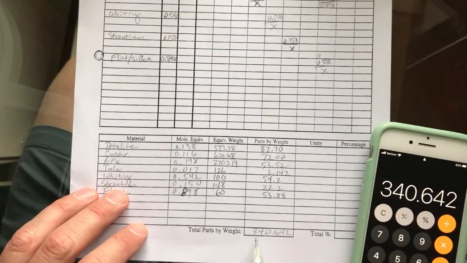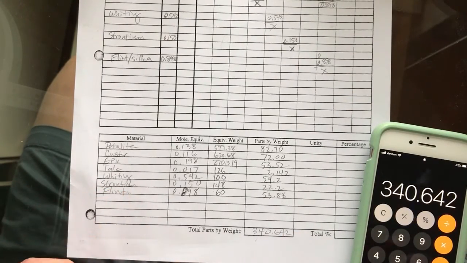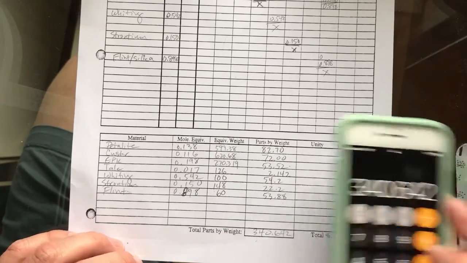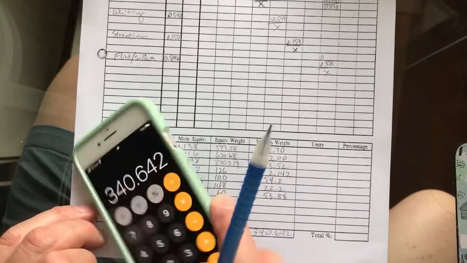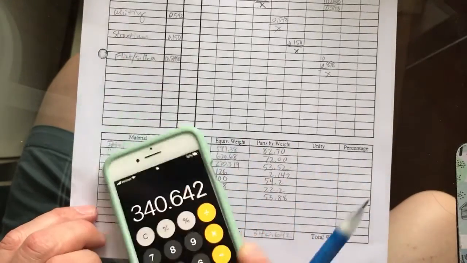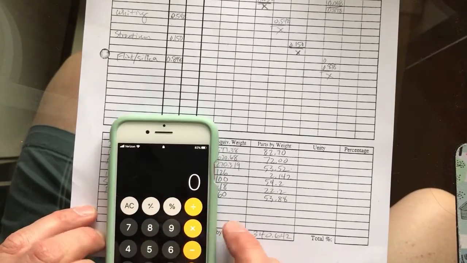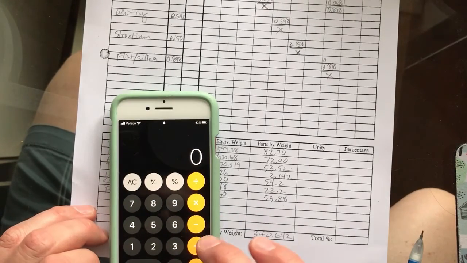Now we need to divide. It's a lot of math and just arithmetic basically, but we need to divide all of these numbers by that number. This is where the scientific calculator comes in, but we'll just type it all in because I don't have a memory in this calculator.